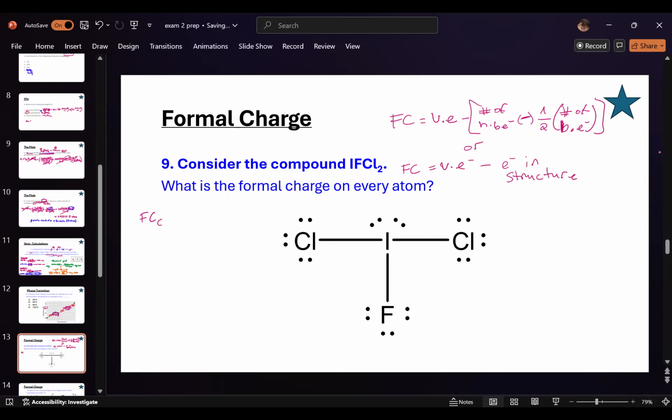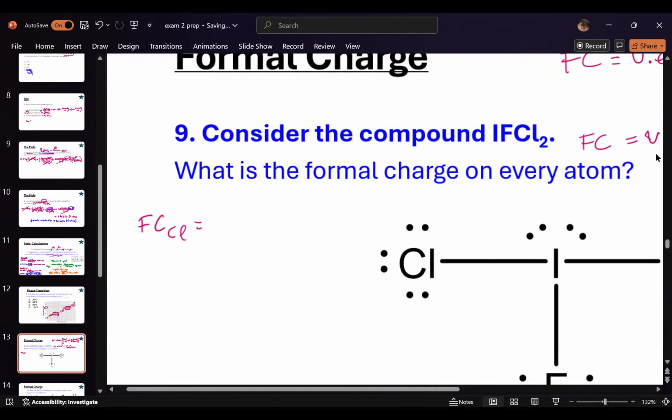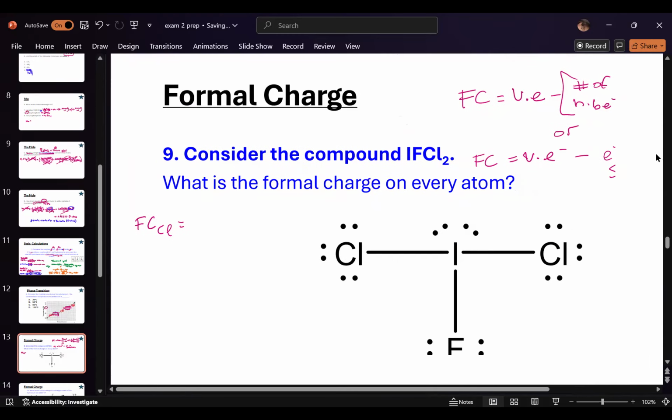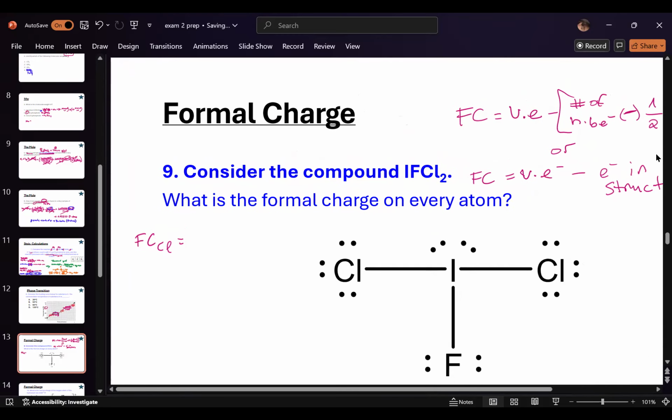We're going to be calculating the formal charge of chlorine. Like I said, valence electrons is 7 for chlorine. To find valence electrons, look at your periodic table and count how many electrons you have in the outer shell.